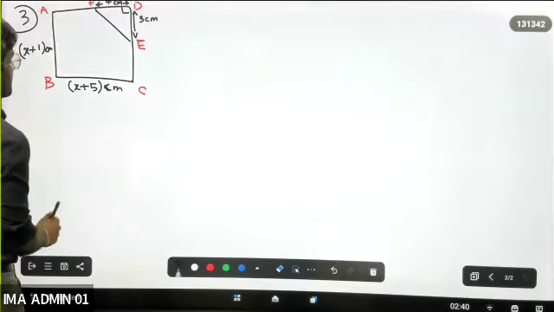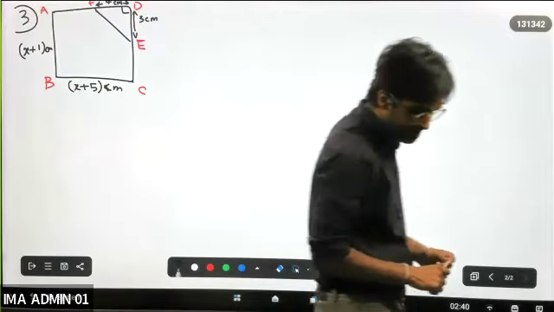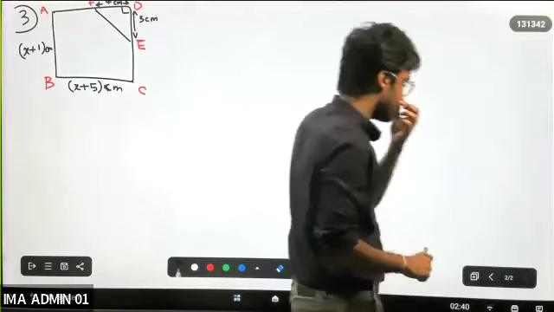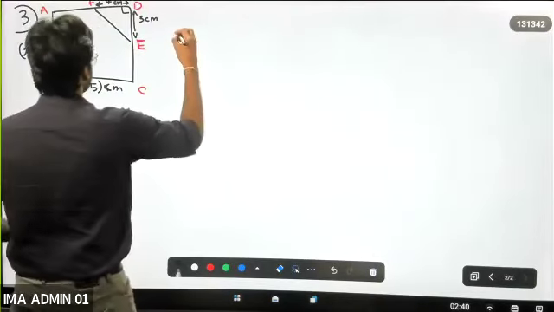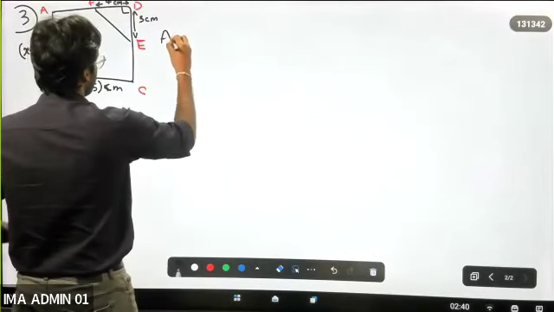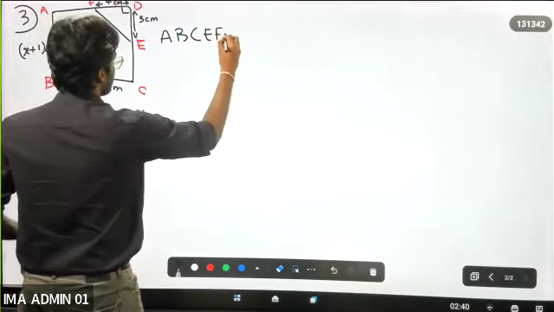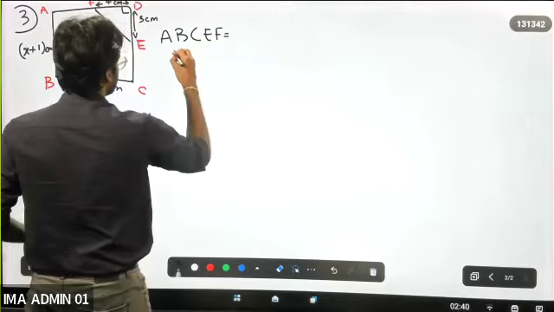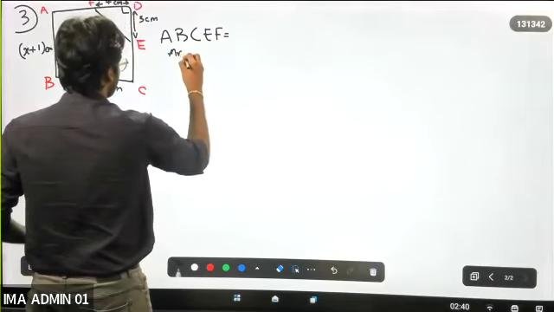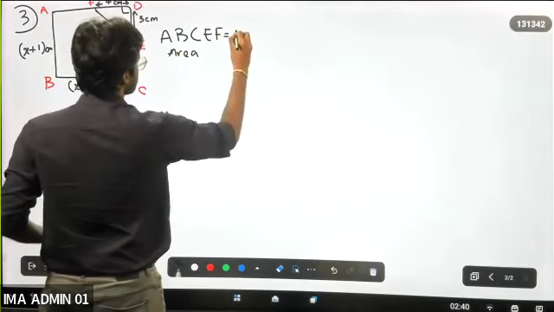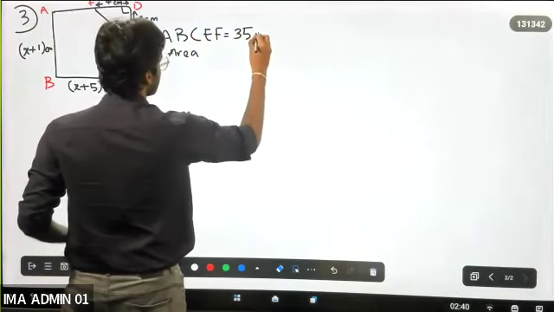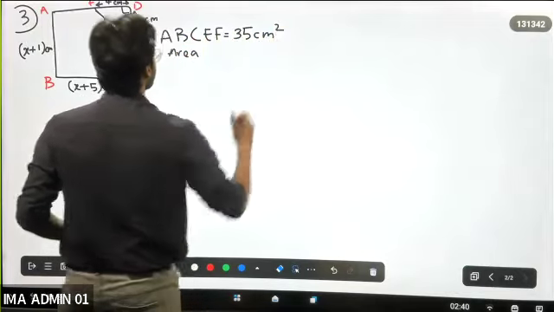Those are the given data, and they have further given that the area of A, B, C, E, F equals 35 square centimeters.